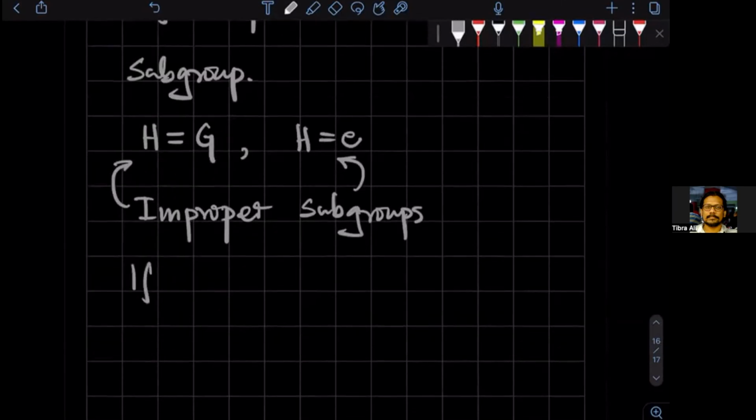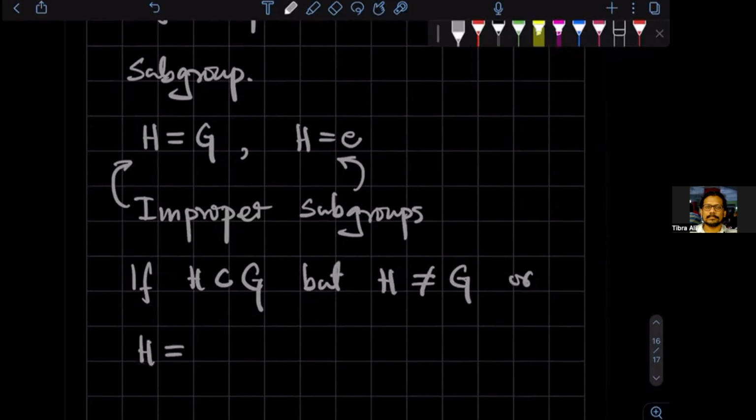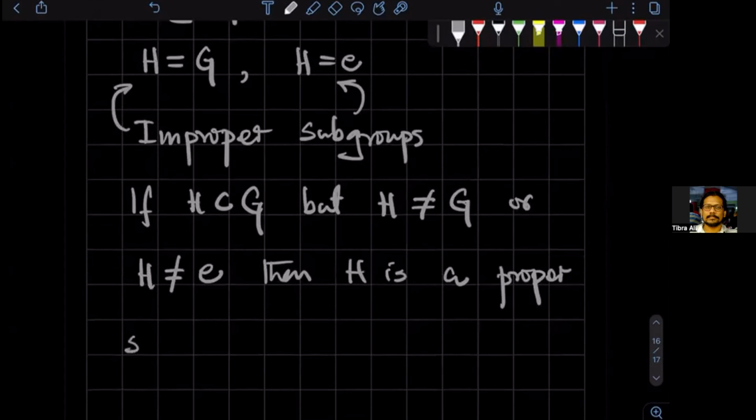So if H is a subset of G, but H is not G itself, or H is not just the identity element, then H is a proper subgroup.